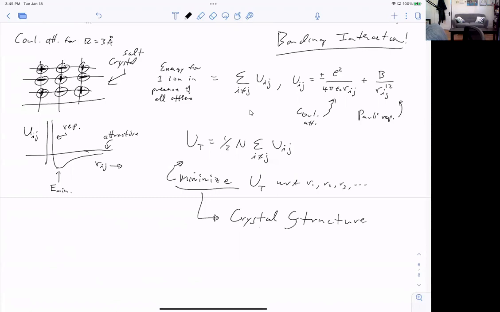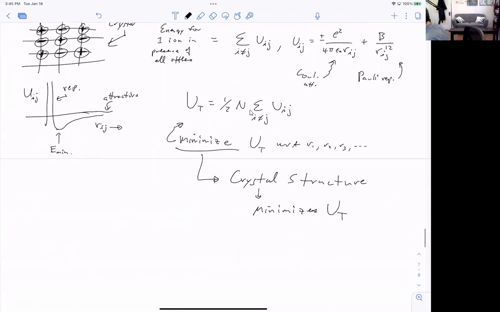The crystal structure is whatever minimizes this total energy. And that's how you get the crystal structure of salt, for example.